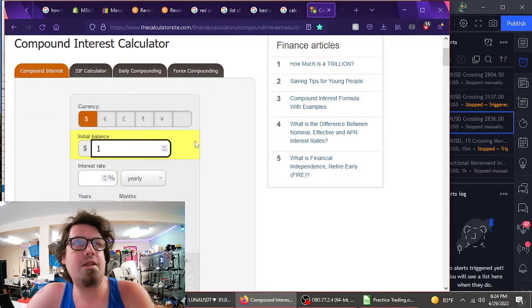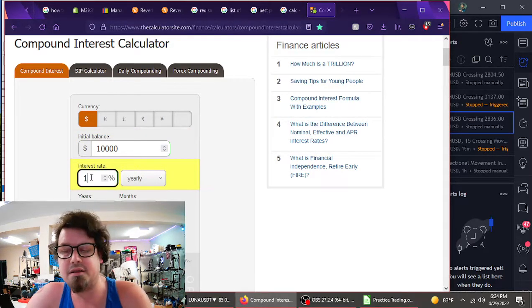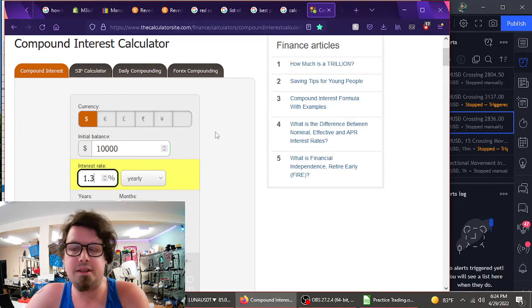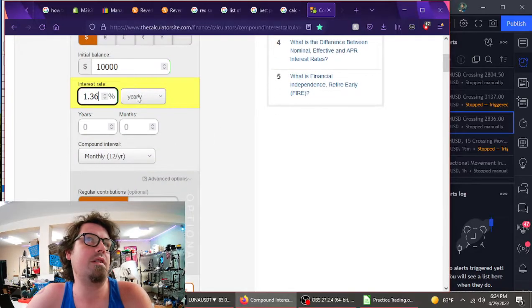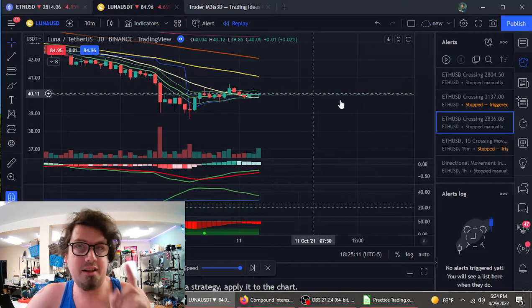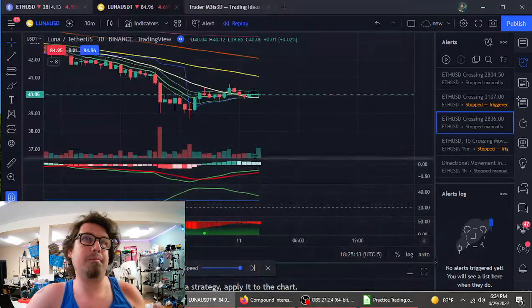So this is a compound interest calculator. Eventually I'm going to get my trading up to 10,000. I have that much on the sidelines. We can round that up. So doing what I did just today, let's check if we're recording. Yep.